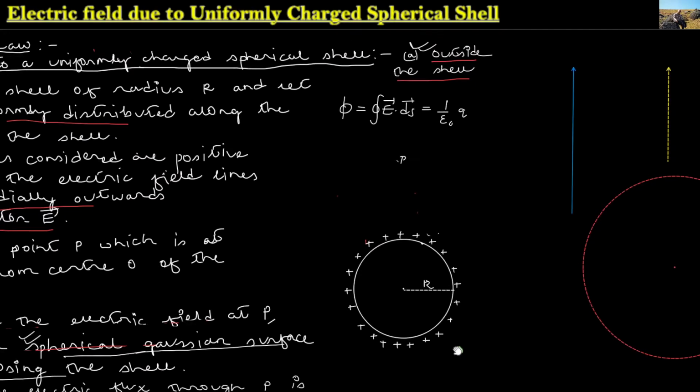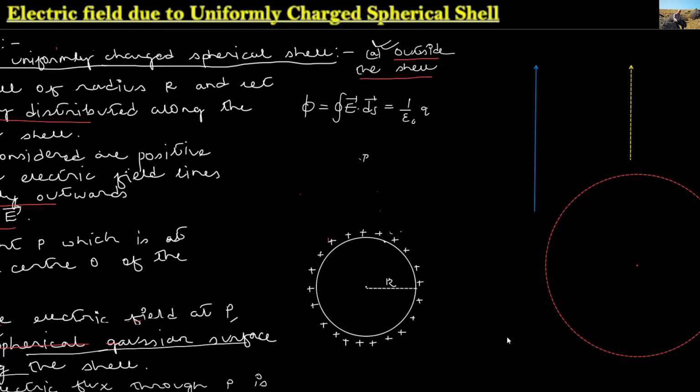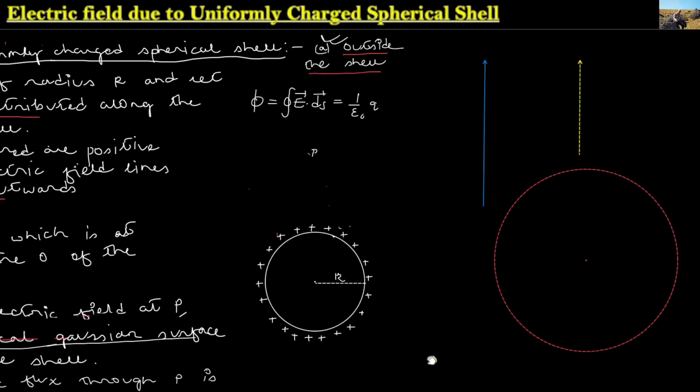We will choose this spherical surface and make sure that it encloses that point P, which is outside the spherical shell.